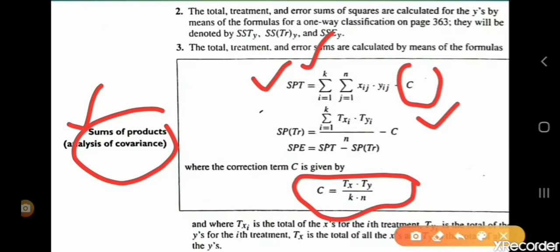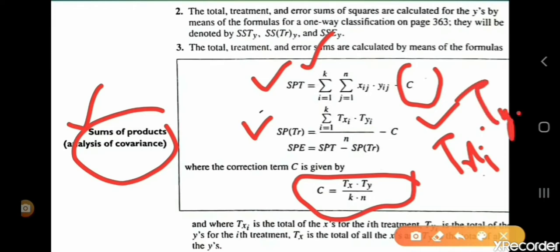Similarly, the sum of products for treatment is given by the summation of txi into tyi, where txi is the total of all ith treatments of x, and similarly tyi is the total of the ith treatment of y, and i is varying from 1 to k.